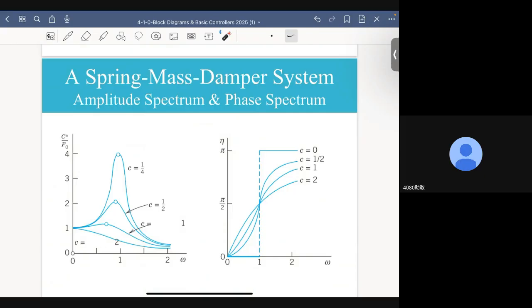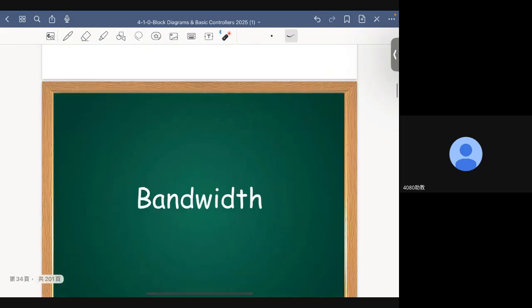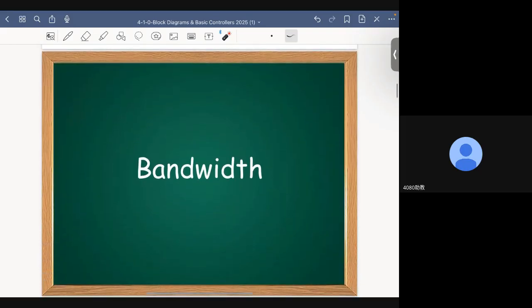Understanding the frequency response of the system is very important because it gives us many pieces of information about how the system behaves. Okay, we will talk about that later.